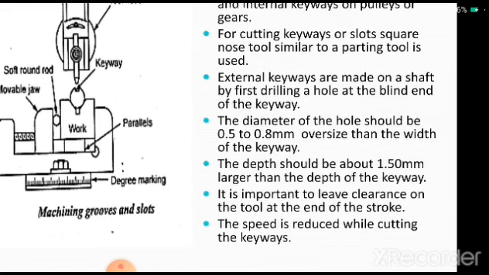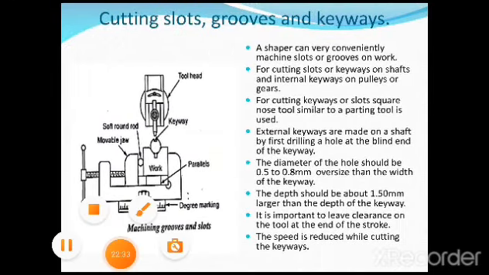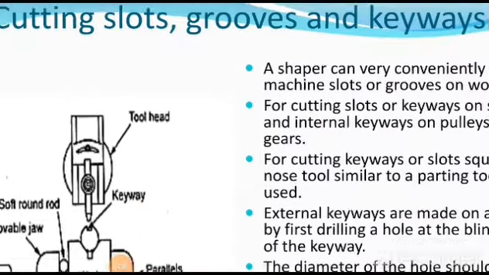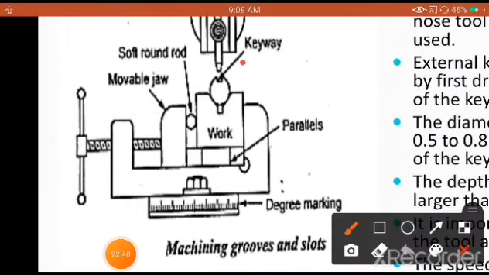The speed is reduced while cutting the keyways. Always, while the production of the keyways is done, it is done stepwise. That means at the beginning, the setting is done in such a way that the feed is given very slowly to a certain depth.